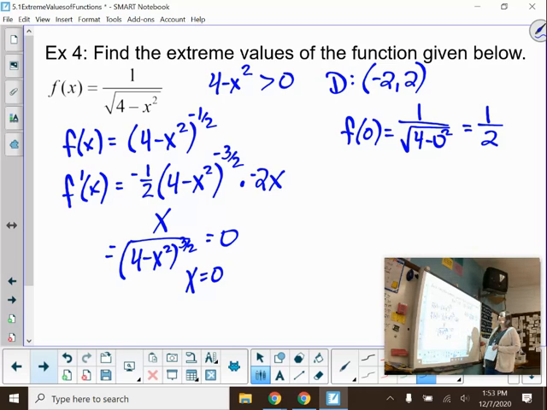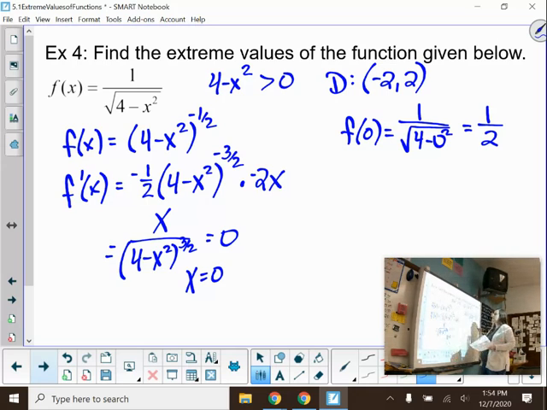But if I look at, say, 1 or negative 1, I would have 1 over the square root of 3, and then negative 1 over the square root of 3. Both of those are going to be higher in value than 1/2. The square root of 3 is like 1.7. So 1 over 1.7 is going to be a greater value than 1/2 is.